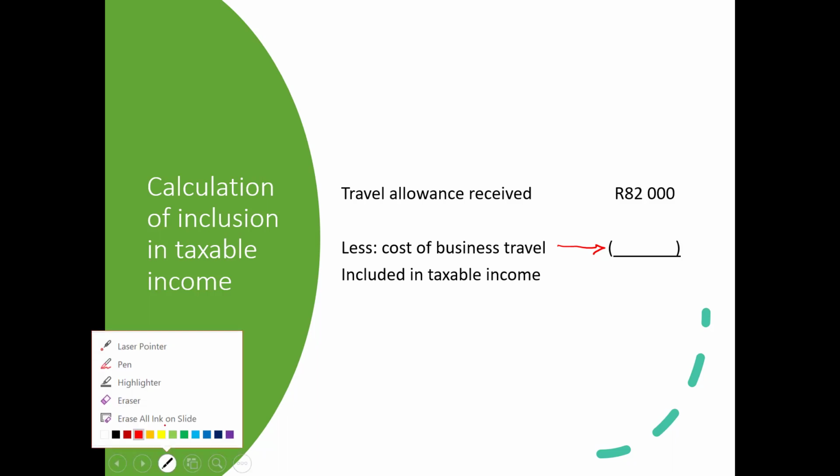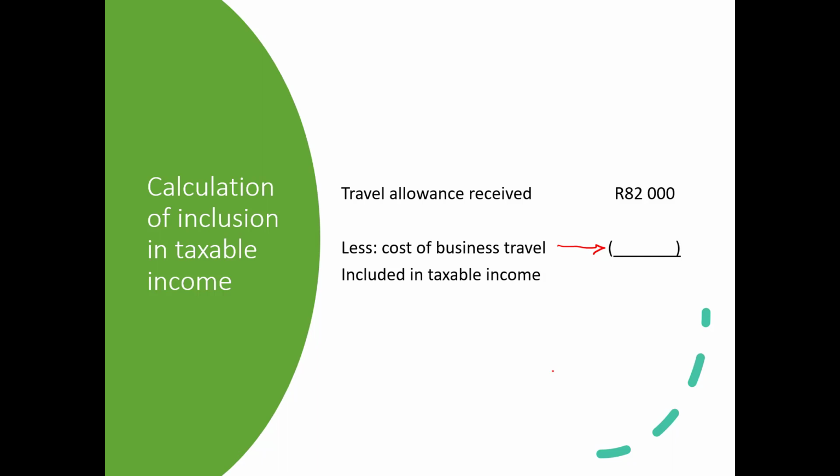Please take note of the following. Whatever amount we are going to determine over here is the amount that should be included in taxable income. The net amount is what should be included in taxable income.